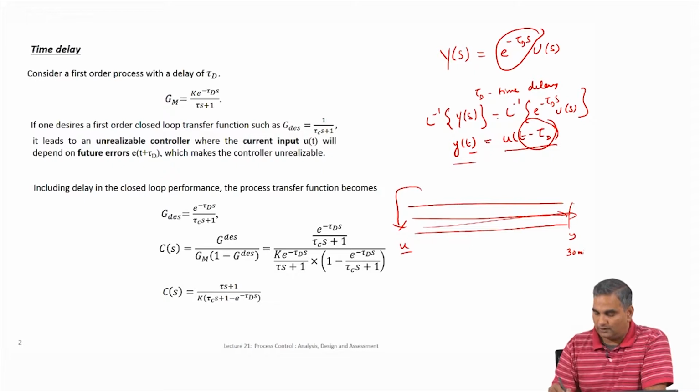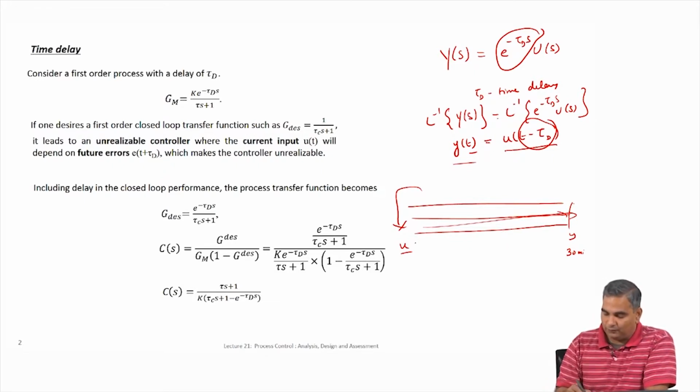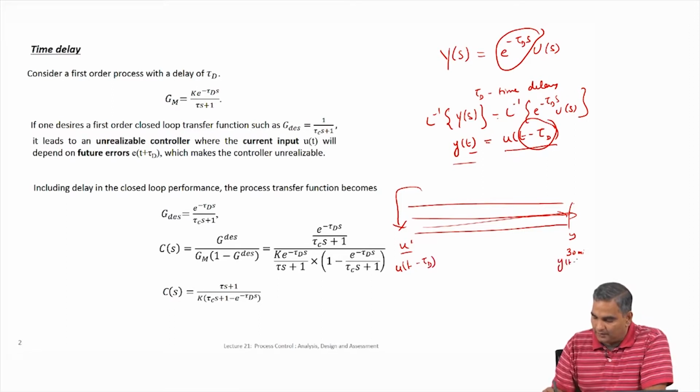So, this is what is called the transport delay, and the amount of time it takes before something that I do here shows up here is the time delay. If I make a change at u of t minus tau d and then look at y of t minus tau d, I would not have seen it; I made a change here, but that is not reflected here.